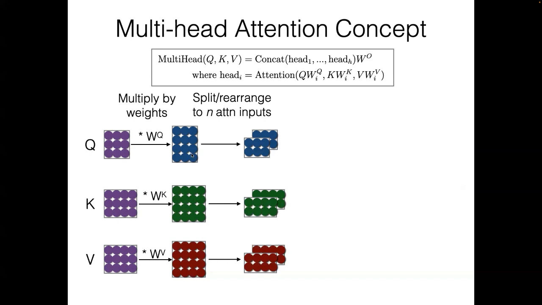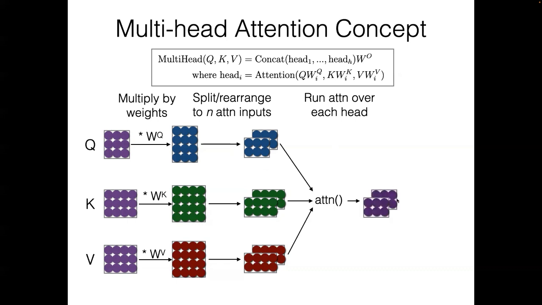And now what you do is you split these into different parts, and each part will be a different attention head. So here we have two attention heads. So we're just going to vertically split the queries, keys, and values. Okay, now that we've split things up, we just run the attention function from the previous slide on these, and now we get two outputs from attention.